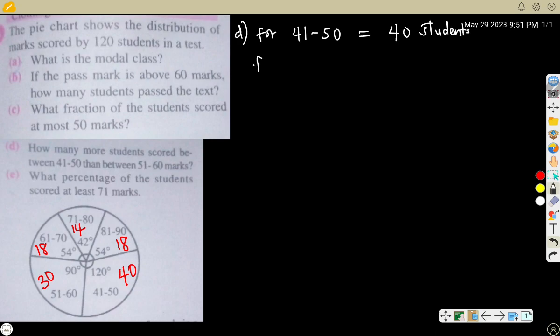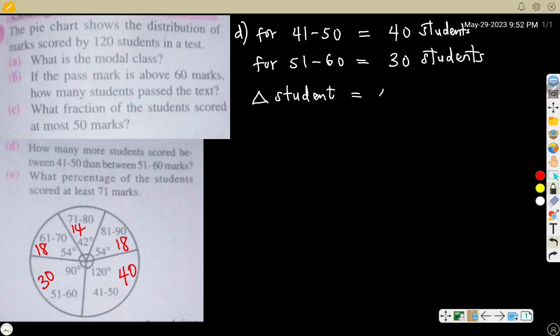Then for 51 to 60, check, we have 30 students there. So how many more students scored? The difference is equal to 40 minus 30. So that will be 10.